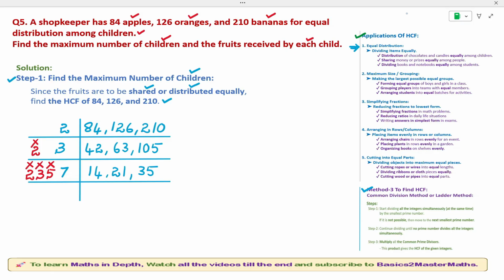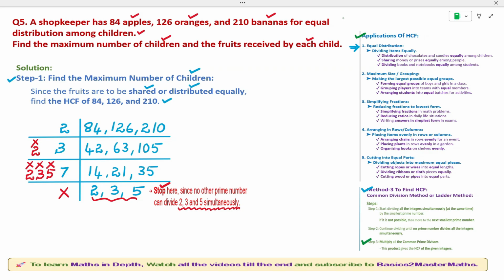Since 7 divides all these integers exactly, we get 2, 3 and 5. Stop here, since no other prime number can divide 2, 3 and 5 simultaneously.